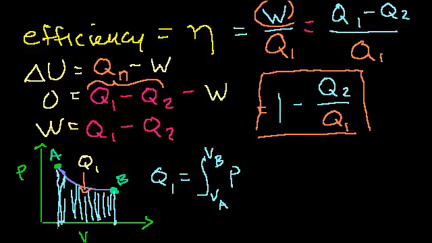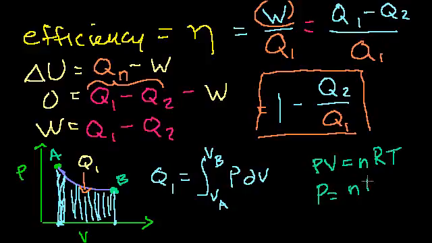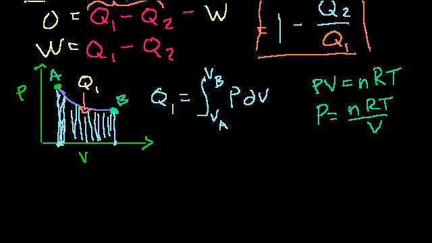We go back to our ideal gas formula. PV is equal to nRT. Divide both sides by V, and you get P is equal to nRT over V. And so Q1 is equal to the integral from VA to VB of this little thing over here.